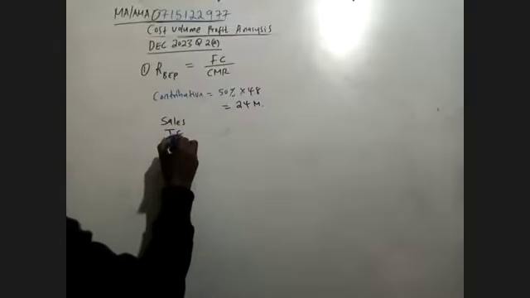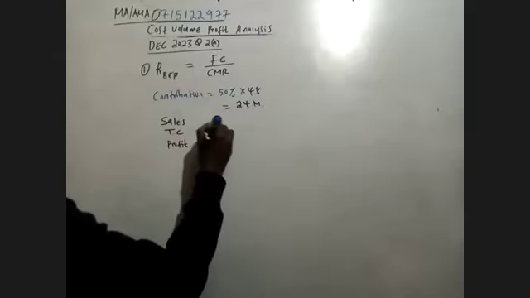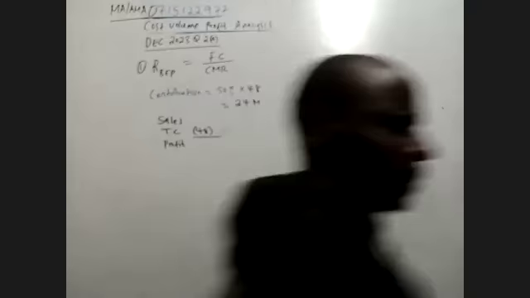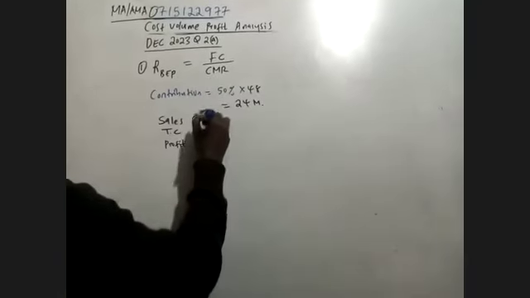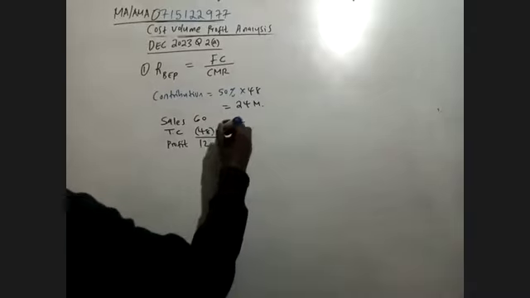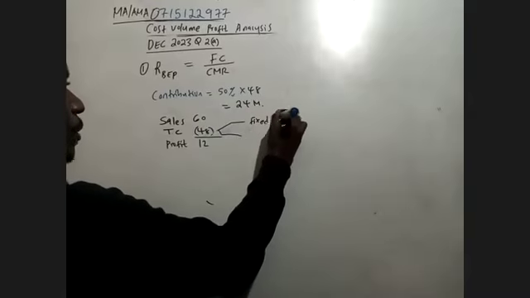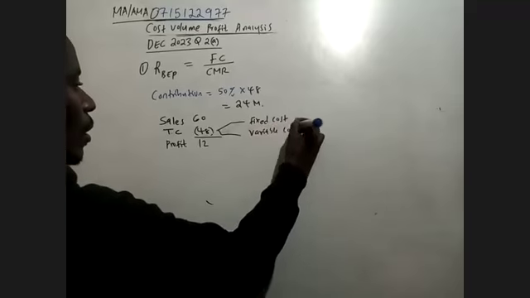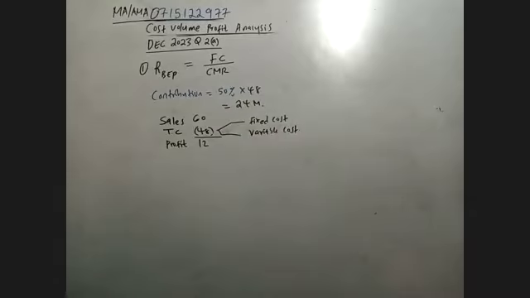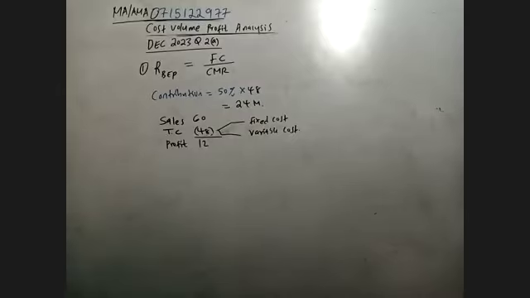So here we know it is 48. Sales was how much? 60. It looks like this, and profit is 12. Now you need to separate here. So we get the fixed cost, and also we get the variable cost. Now from the question we know that our contribution is 24.